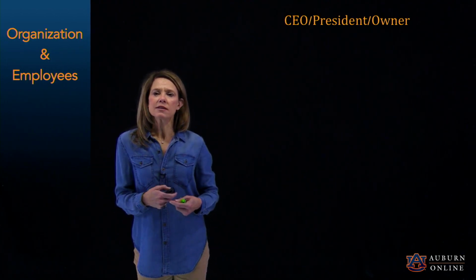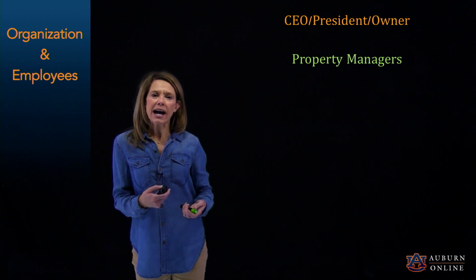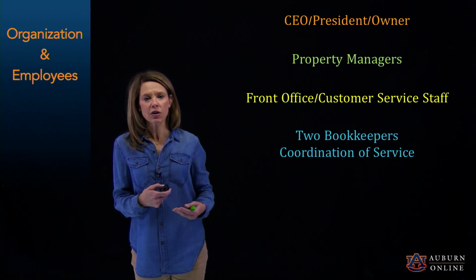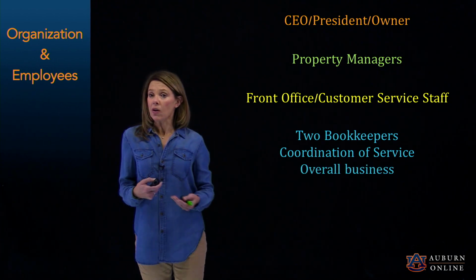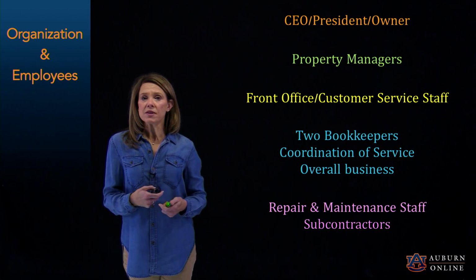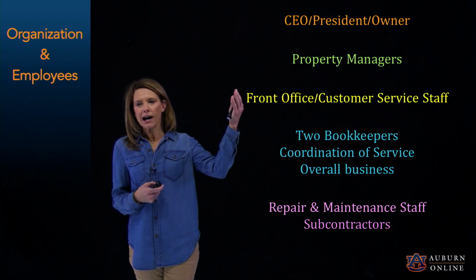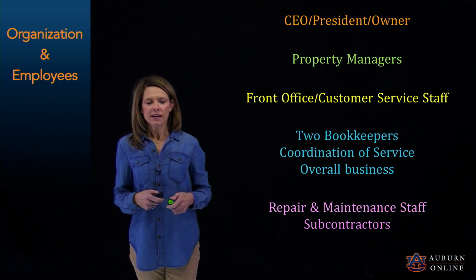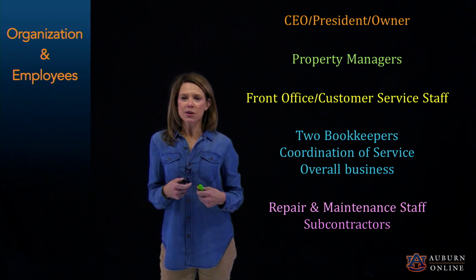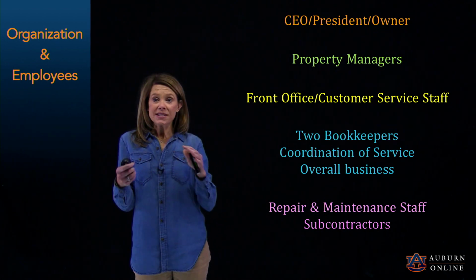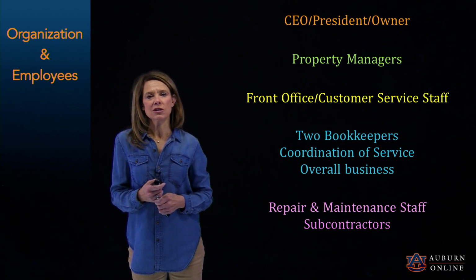But let's take a look at a specific company and how it's organized. So we've got some main key players, and I'd like to talk through who these people are and what they're doing so that we can understand the roles of each of them. So at the very top, the first person that we have here is the CEO or the president of the company. So this is the person who owns the company, and he's overseeing things from a very big picture standpoint.